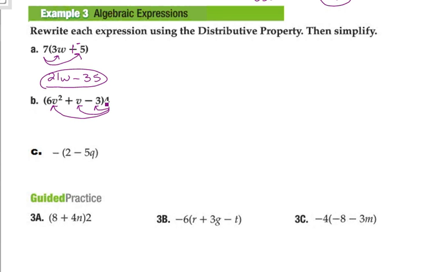So I have a 4 times a 6, which gives me a 24v squared. I have a 4 times a v, which sounds kind of weird. Anytime that there's just a variable out there, I always like to put a 1 out there because this is a 4 times 1, which is a positive 4 times a v. Remember that subtraction sign.